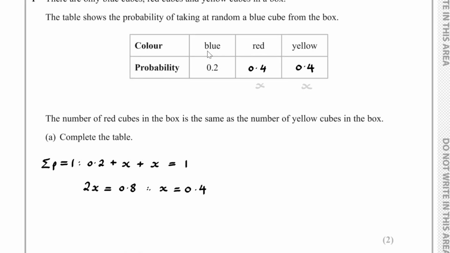Well, if we know that the number of blue cubes in the box is 12, and that corresponds to a probability of 0.2, then 0.4, which is 2 times 0.2, will correspond to 24 cubes. So there are 24 red cubes, and there are also 24 yellow cubes.